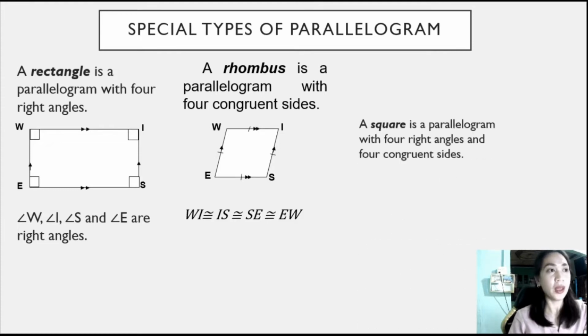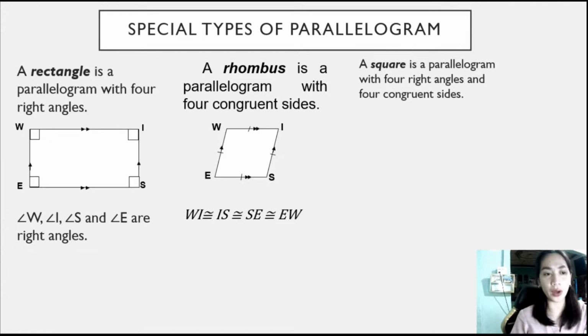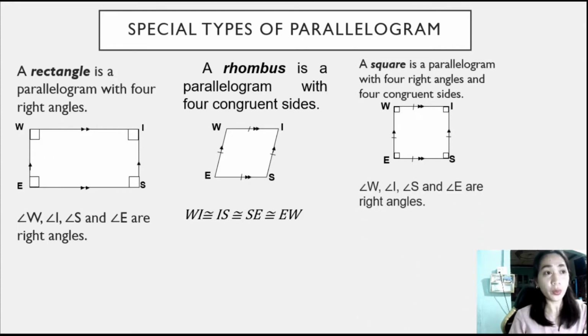Lastly, we have the square. A square is a parallelogram with 4 right angles and 4 congruent sides. So, we have the figure W, I, S, and E. Angles W, I, S, and E are right angles, and WI is congruent to IS, congruent to SE, and congruent to EW.